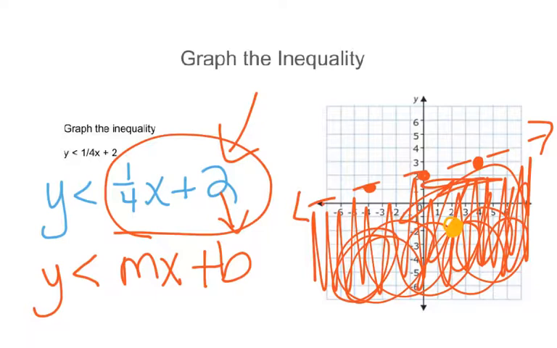But anything up here, like 1, 5 right there, that is not a solution to this inequality because it's above the line. We want all the points below the line, but we don't want to include the line because we do not have our equal to part. We only want things less than the line, not equal to it.